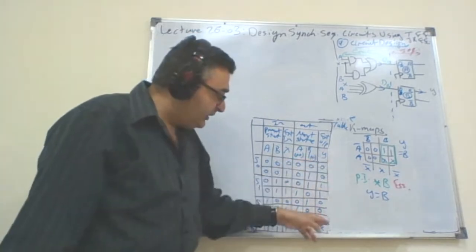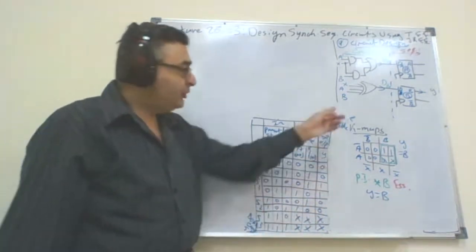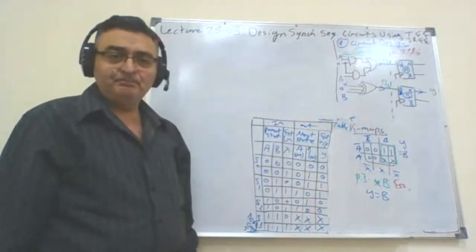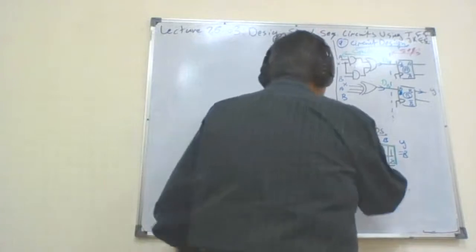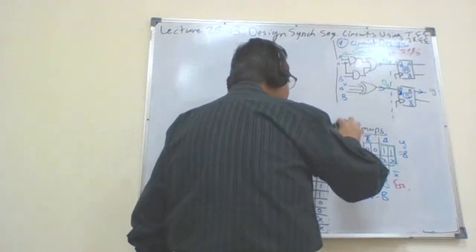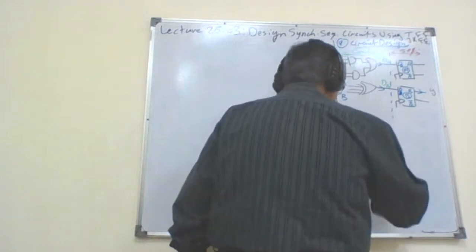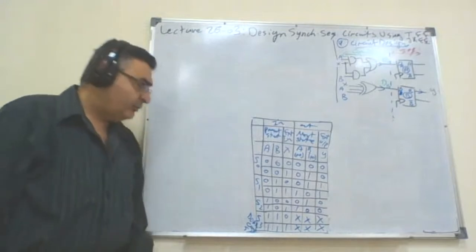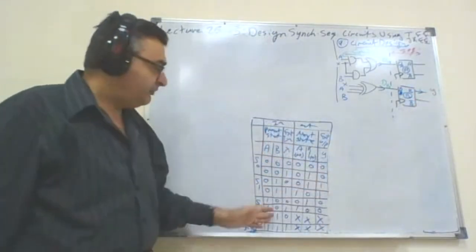Y is given through the TT and it has the exact same design. So its K-map, its equation will remain the same, although I am using a different flip-flop. No need for any of this. I already have the design for Y. We derive the equation for Y and we get Y equals B, the output of the flip-flop.